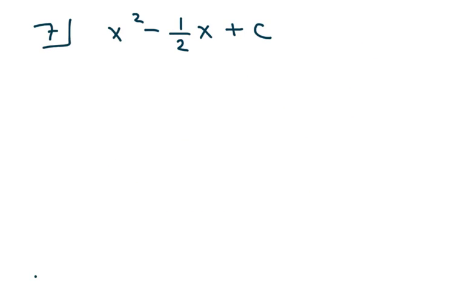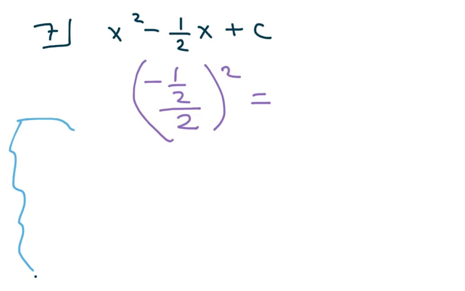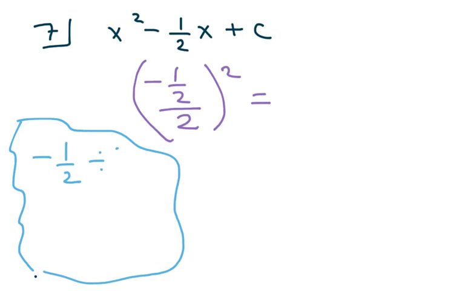Here we have a fraction, so we're going to take negative 1/2 divided by 2, squared. That's going to be your c. Now, let me just do a little sideline here. Anytime you see something like that, that's really like saying negative 1/2 divided by 2. I can write that as negative 1/2 times 1 over 2, and that's going to equal negative 1 over 4.